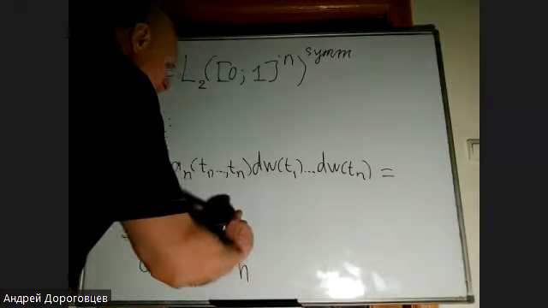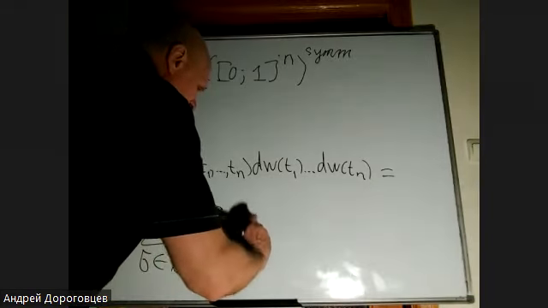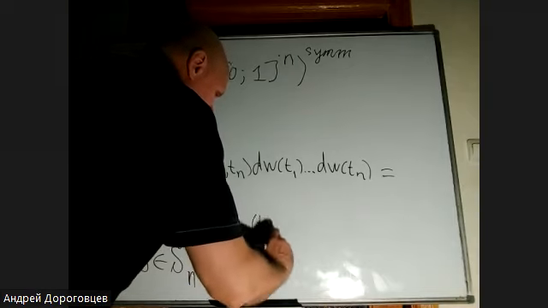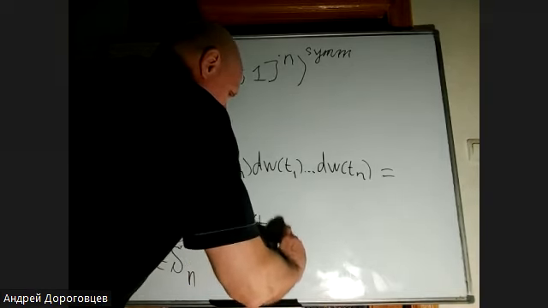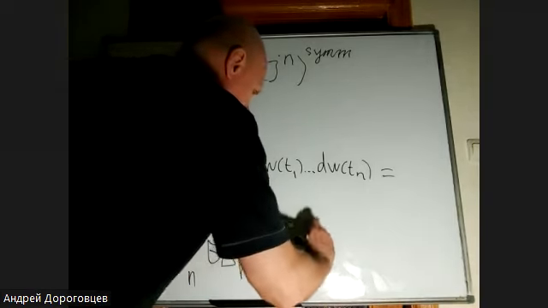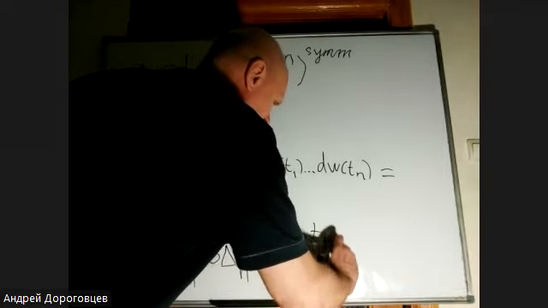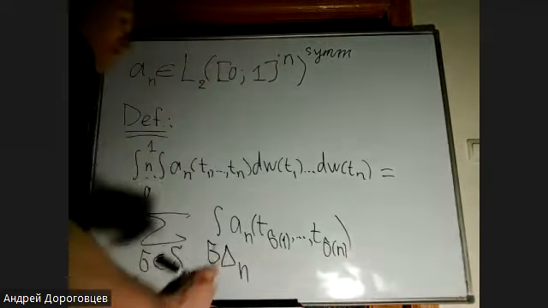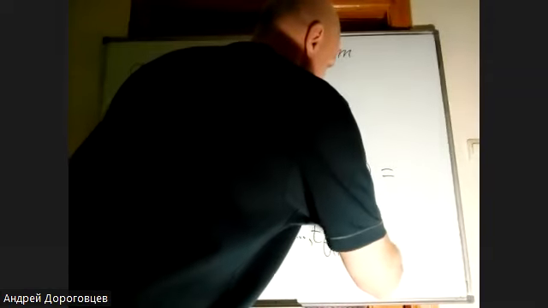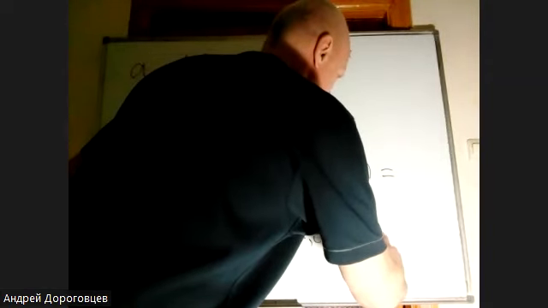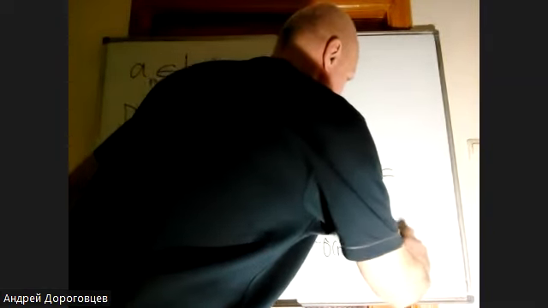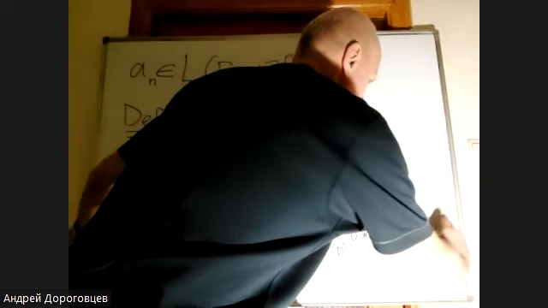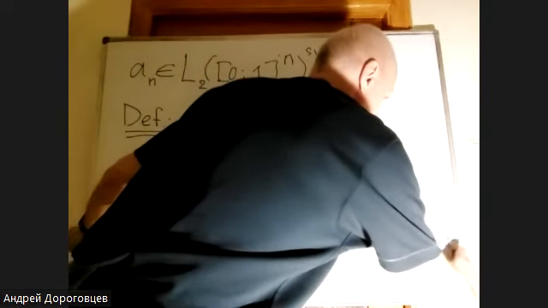And here we have a_n(t_sigma(1),...,t_sigma(n)) dW_t_sigma(1) ... dW_t_sigma(n).